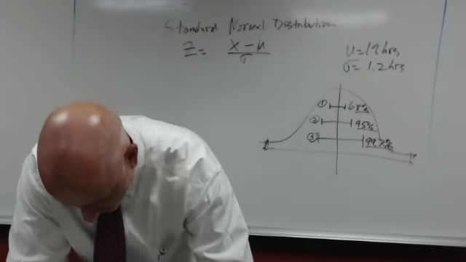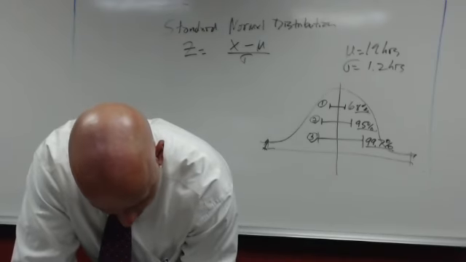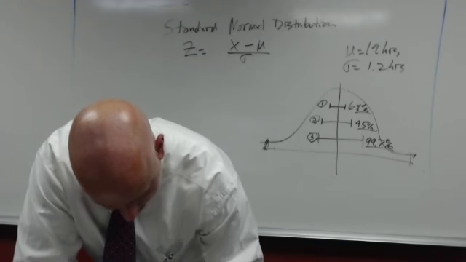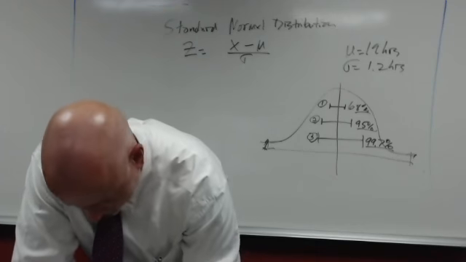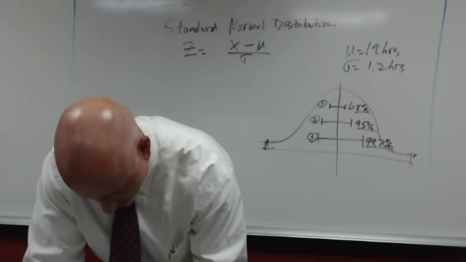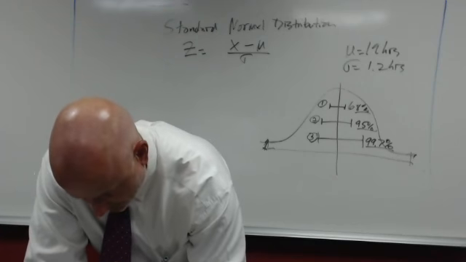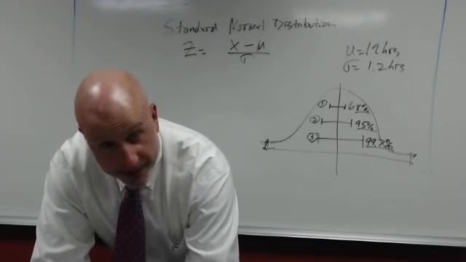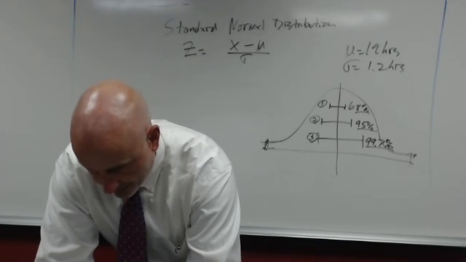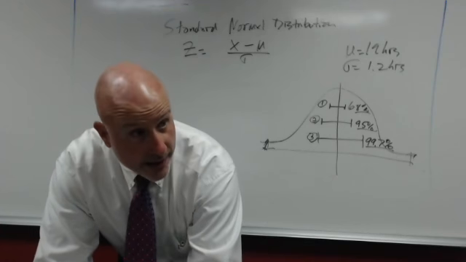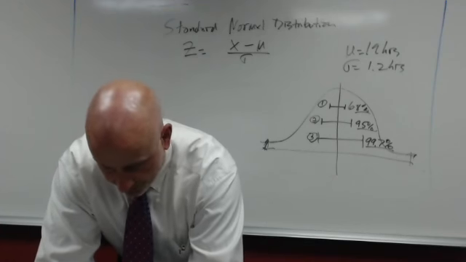let's say that we calculate z to be 1.5. So looking in the middle with a z-score of 1.5, how much area is under the curve?